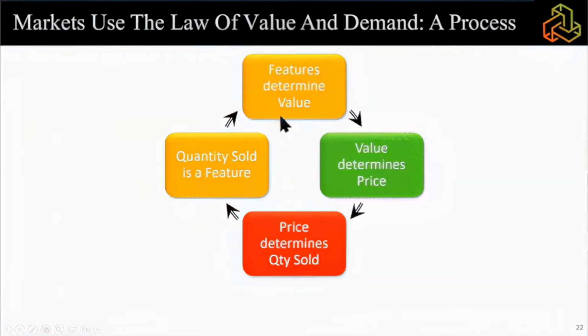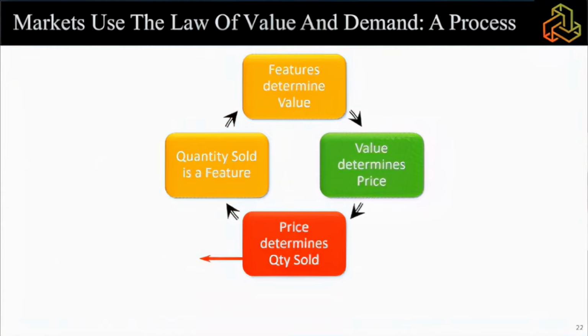It basically says that the features of a product determine its value. The value eventually determines the price. Somebody could price it too high or too low, but value will eventually determine the price. Price, in turn, determines the quantity sold. And as we saw with the B2, quantity sold is one of the features that the market entertains. And so there's some sub-elements that come out of this that we want to take a look at.